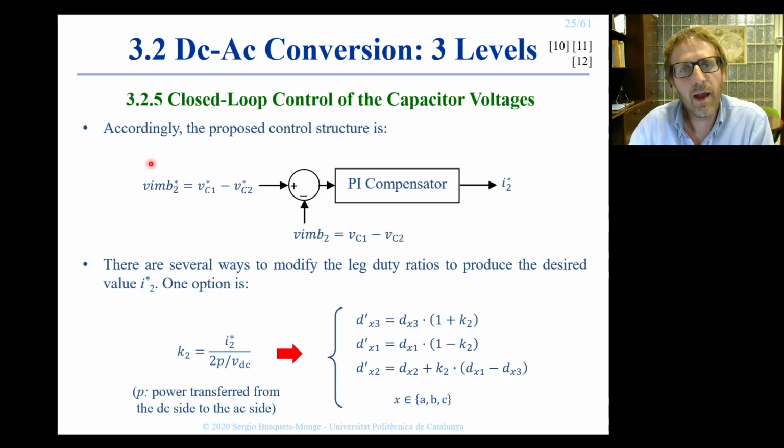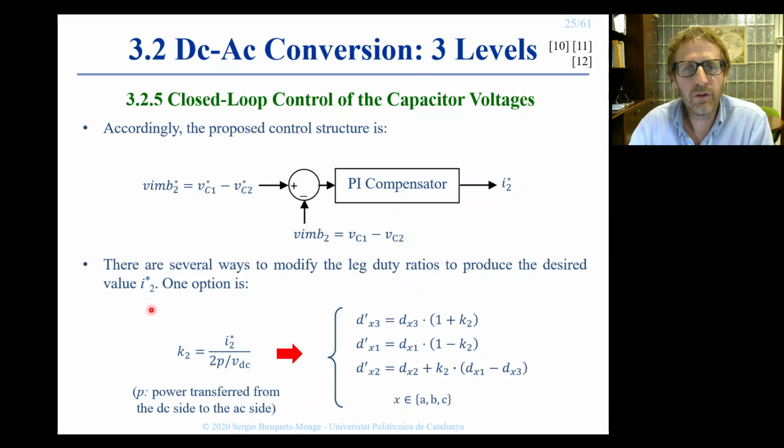On one hand, we will have the command of the voltage imbalance, which will be compared to the measured voltage imbalance, and this will define an error that can go through a PI compensator to define a command of the neutral point current.